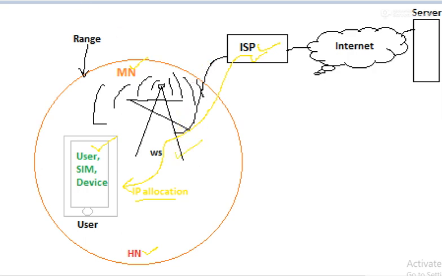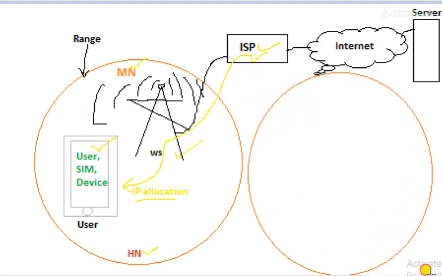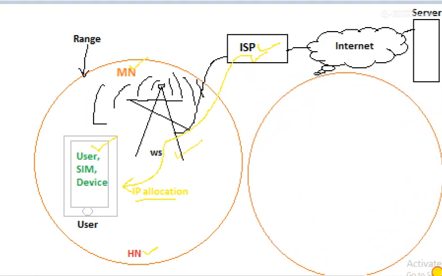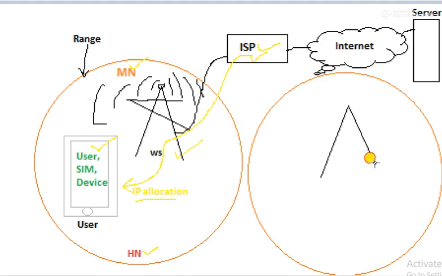So it doesn't mean that when this user enters into another access point range, just wait for a moment, let me draw this diagram here.